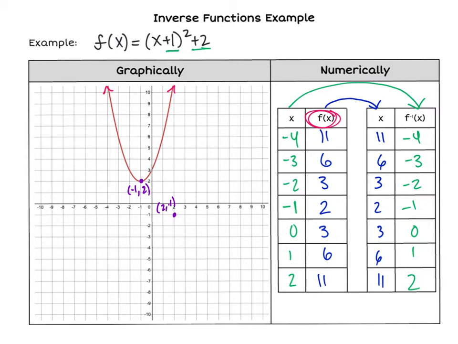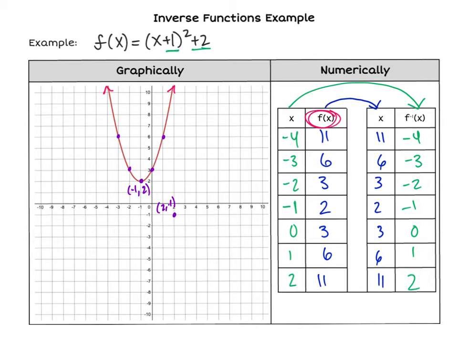Now, make sure if you're doing this graphically or numerically that you're finding your key points like your vertex and a couple of points in each direction away from your key points so you can make sure that you have a full picture of the graph. So again, I would just find a couple of other important points on the graph, and I would just reflect them. So I would flip the x and the y values.